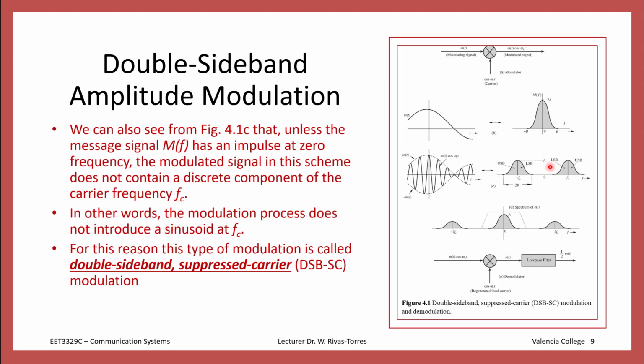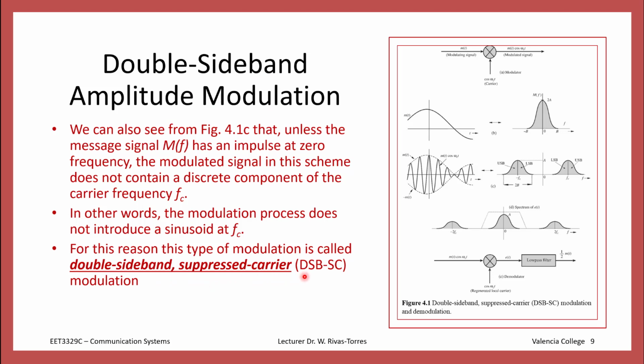There's one more curious thing, and it's a little bit hard to see in this figure: unless there's a real DC component here, you do not end up with a carrier. There's no component at the carrier. We'll see an example in a little while. For this reason, double sideband is known as double sideband suppressed carrier.